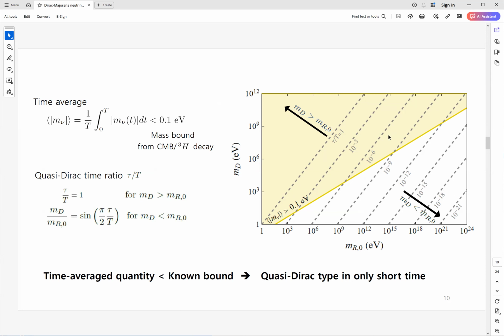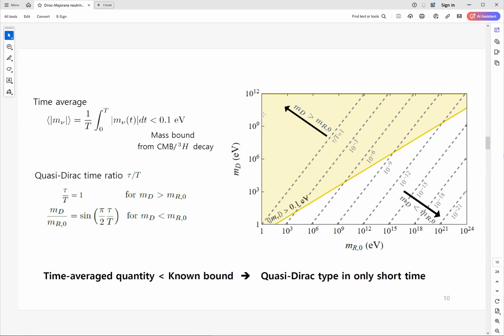found the following constraints in the right figure: the parameter space of the Dirac mass term M_D and the oscillation amplitude M_R0. The yellow region is excluded because the time average of the active neutrino mass exceeds 0.1 electron volt. And the dashed line represents the pseudo-Dirac time ratio, t star over T, which represents how long the neutrinos exist in the pseudo-Dirac type in the total period.